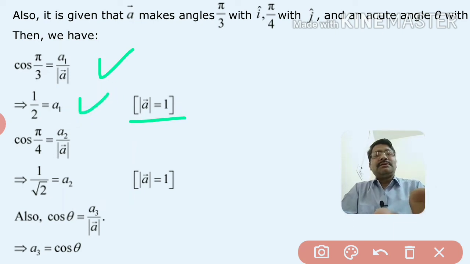So cos pi by 3 is 1 upon 2, that is equal to a1. Similarly, cos pi by 4 equal to a2 upon modulus of A, which is here also 1. Cos pi by 4 is 1 upon root 2, so a2 equal to 1 upon root 2. Now cos theta equal to a3 upon modulus of A, which is 1, so cos theta equal to a3.